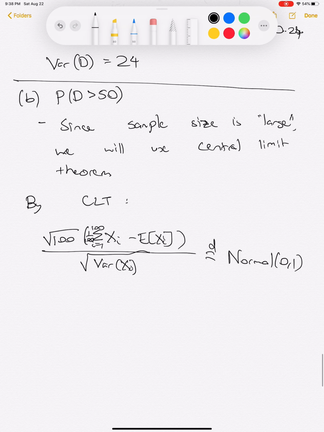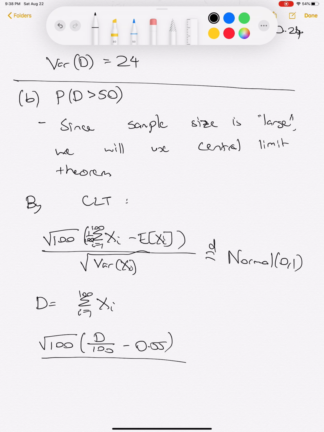And so remember that D equals... Okay, so we can plug in E of xi because we know what that value is.